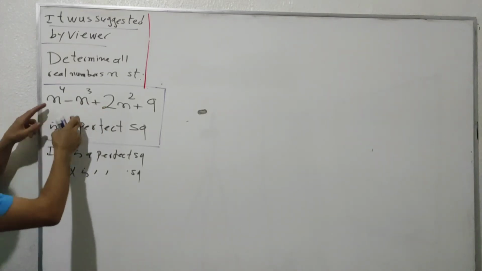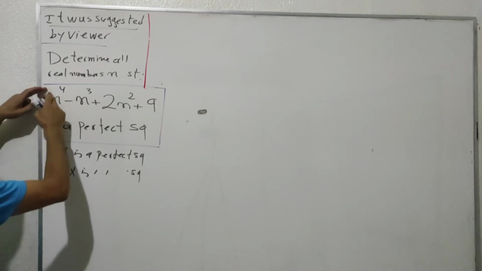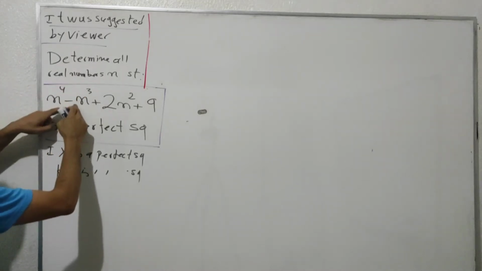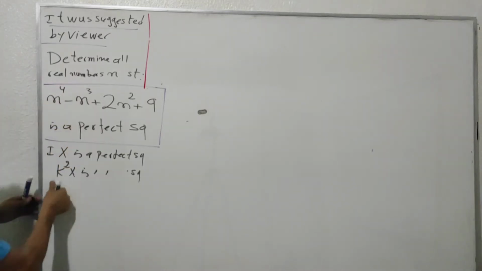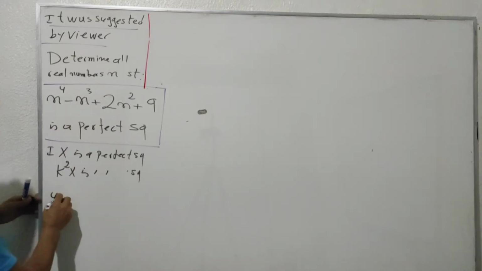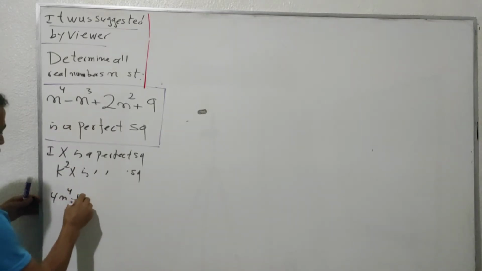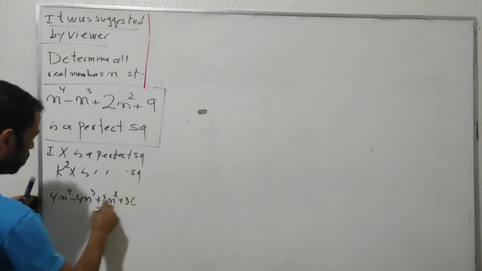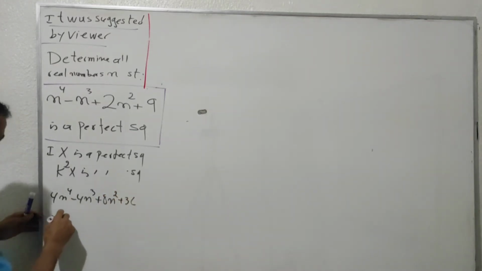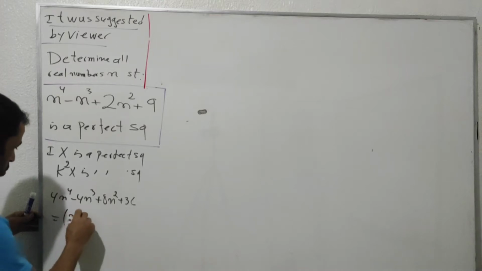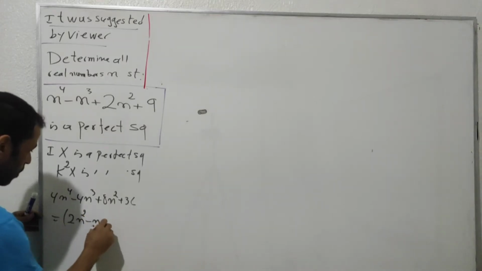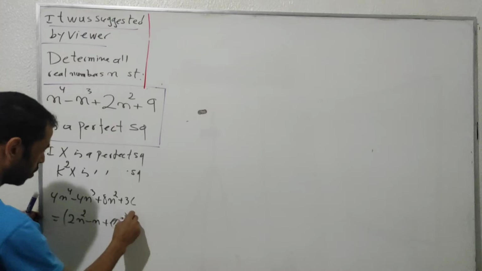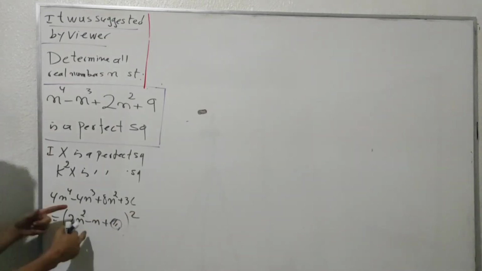Number 4, because 4 will transform this into 4n to the fourth minus 4n cubed plus 8n squared plus 36. This is going to be 2n squared minus n plus something, quantity squared. Okay, which is good to go.